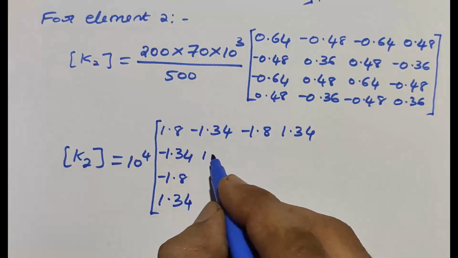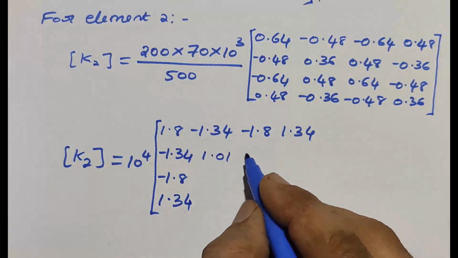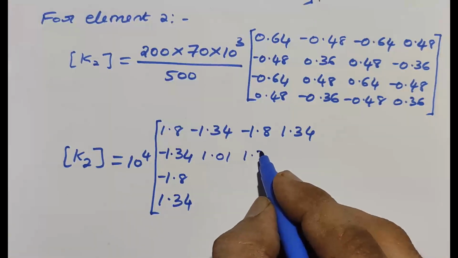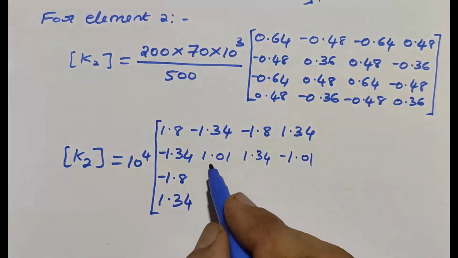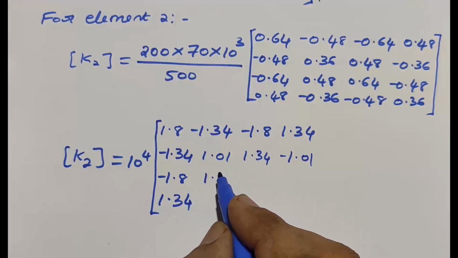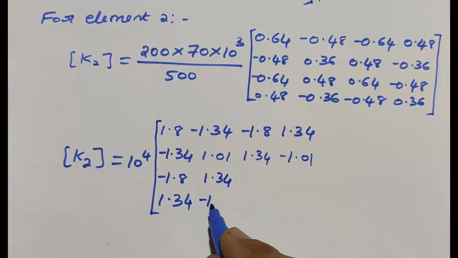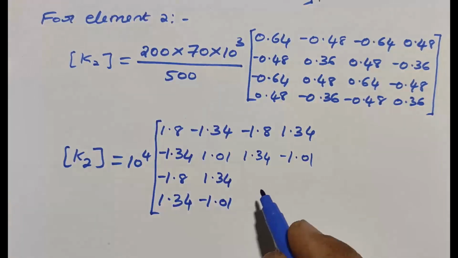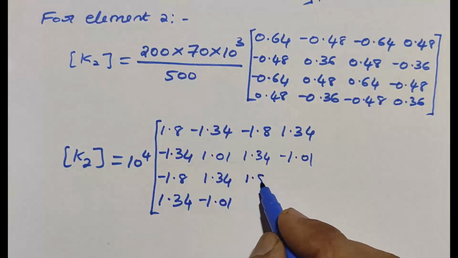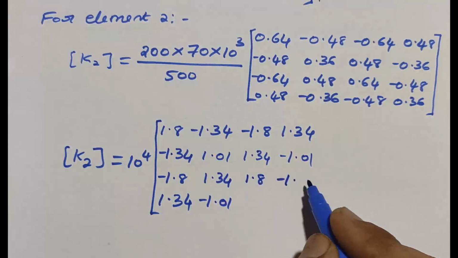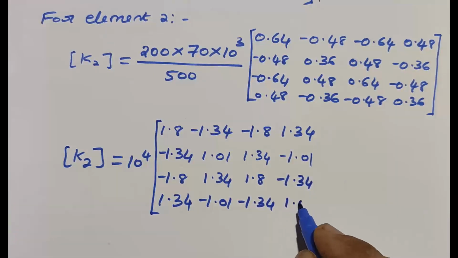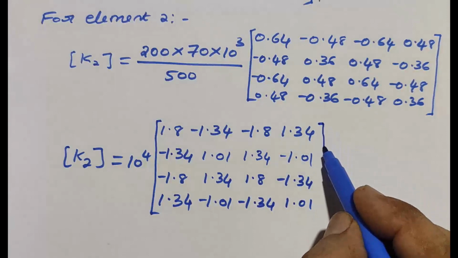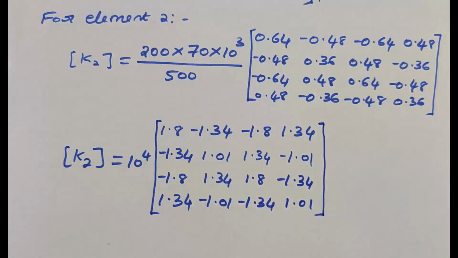Here 1.01, 1.34, minus 1.01. Due to symmetry, here I can write 1.34, minus 1.01. Next, here 1.8, minus 1.34. Here minus 1.34. Here 1.01. This is the elemental stiffness matrix for the second element.